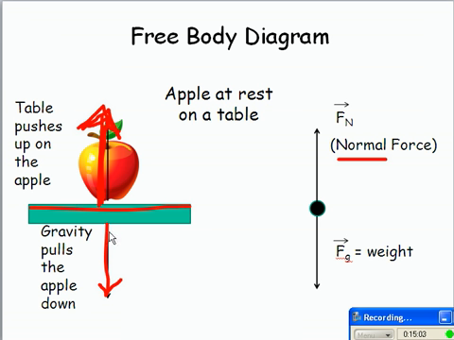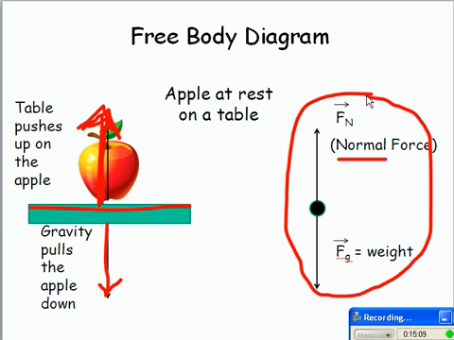So when I now reduce this to a free body diagram, such as this one right here, we once again have the weight of the apple pulling it down, but now we have the normal force exerted by the table to hold the apple up in the exact opposite direction and the same magnitude, and so these two cancel each other out, and the net force would be 0.